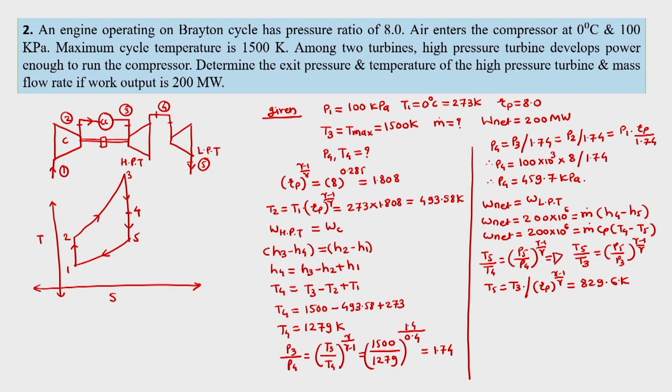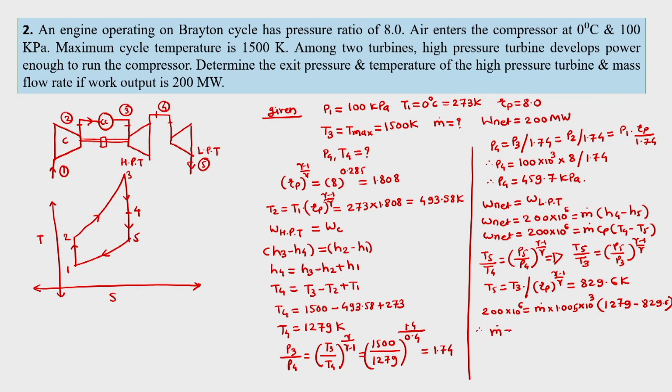Putting this T5 in the expression of W net, we get 200 into 10 to the power 6 is equal to m dot into 1.005 into 10 to the power 3 into (T4 is known to us, 1279 minus 829.6).